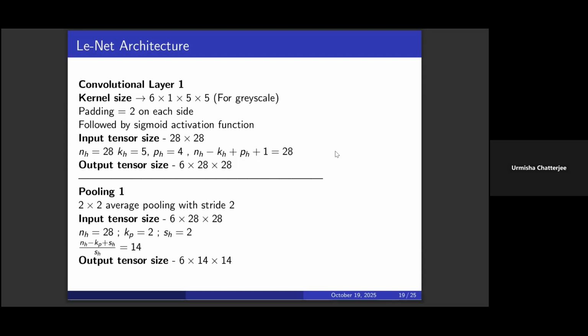Now to show you an example, I have replicated this same LeNet 5 architecture, keeping the padding, stride, these hyperparameters same. Actually, these hyperparameters, like what should be the padding size or pooling size, you can decide by cross validation. But here I'm keeping it same as the original LeNet 5 architecture.